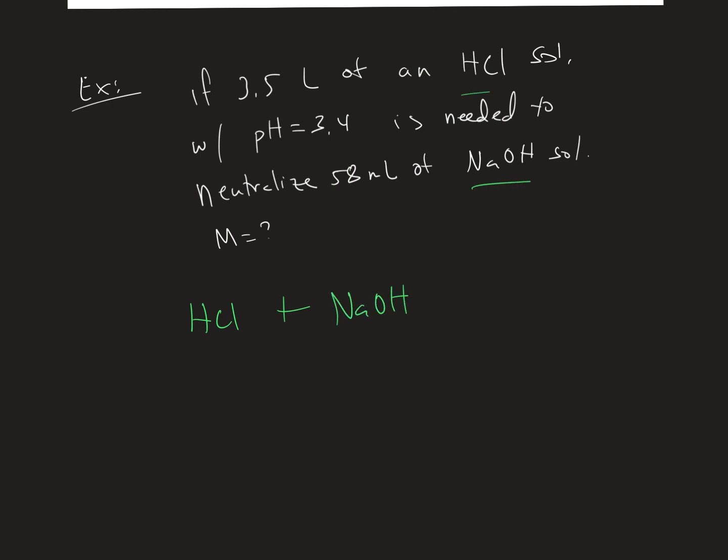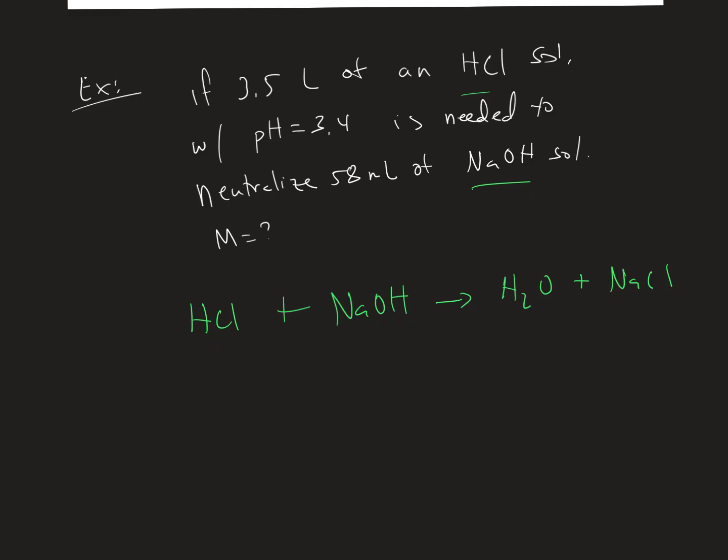This is a neutralization reaction. What do we get? Water and, oh, what's the salt? NaCl. These just swap partners, right? It's a double replacement reaction. Is it balanced? Yes, so we're good.